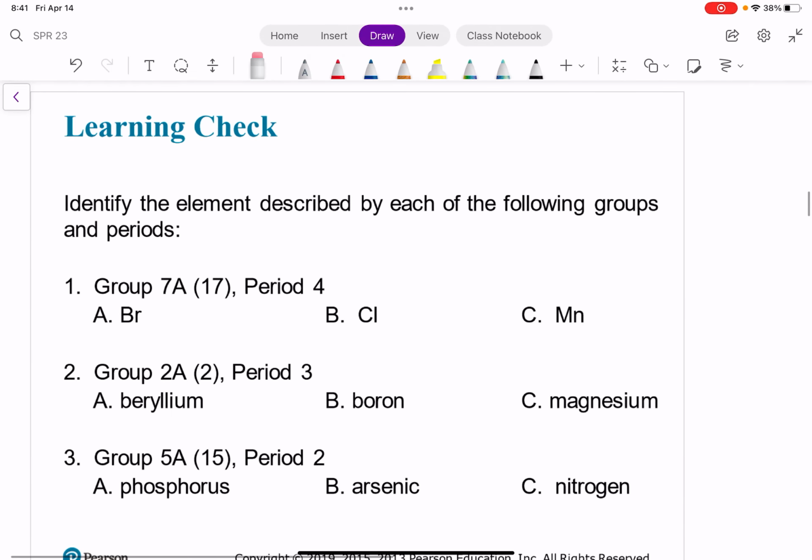Okay, so learning check. Let's identify the element described by each of the following groups and periods. So remember, when you're looking at the periodic table, you have your groups and your periods.